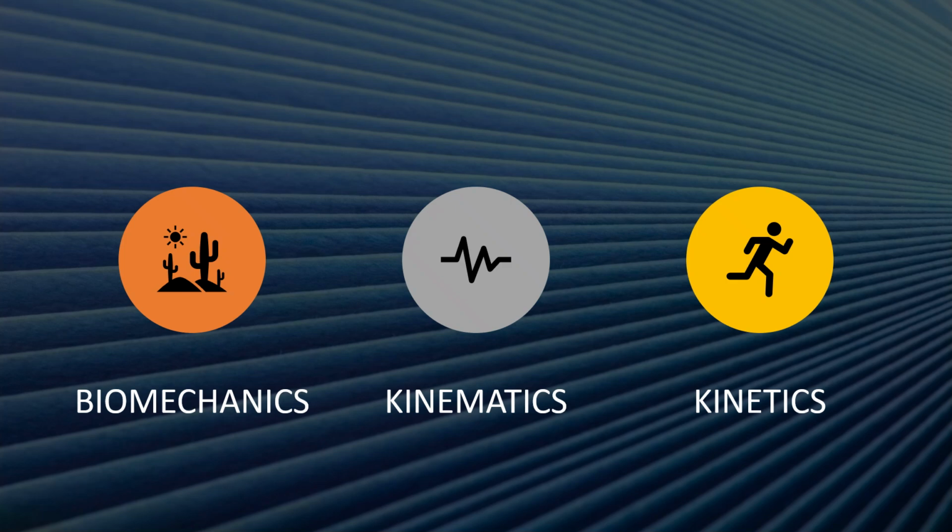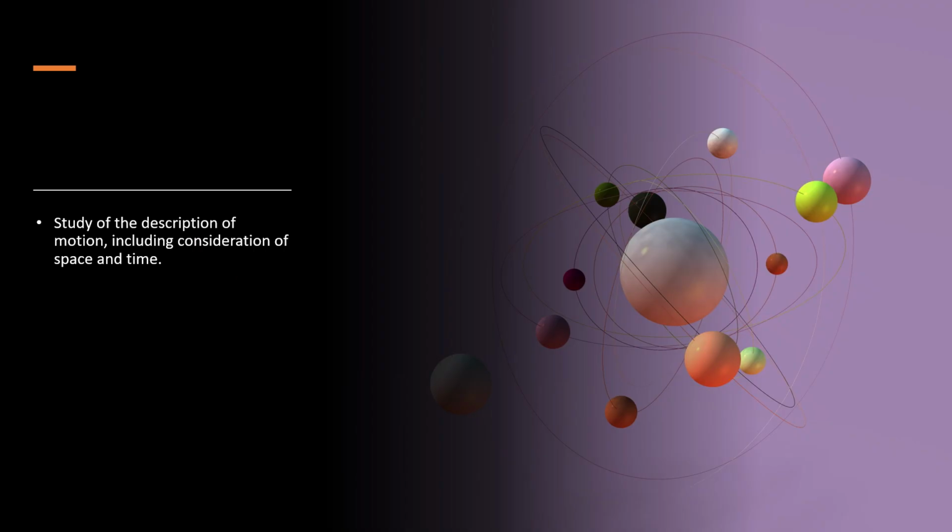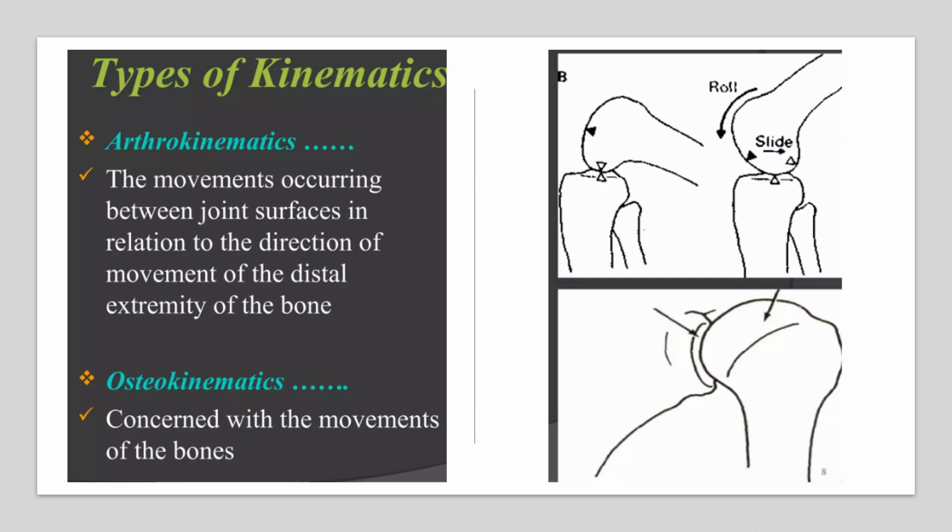Biomechanics is further divided into kinematics and kinetics. Kinematics is the study of the description of motion, including consideration of space and time. It is further divided into arthrokinematics and osteokinematics.